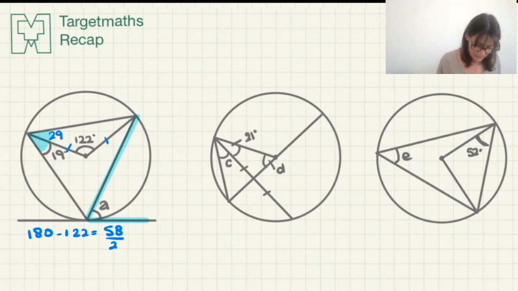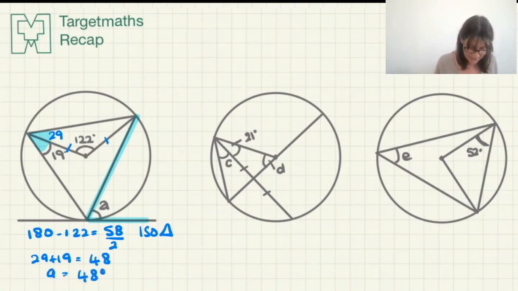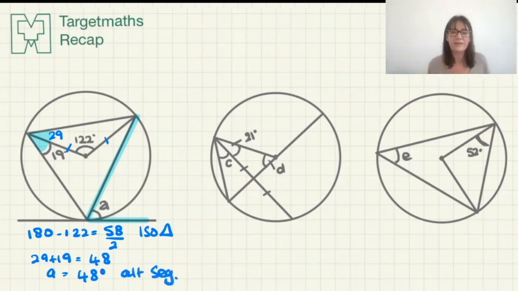What did I use to do that? I used isosceles triangle. Write your reasons as you go, okay? Then I am going to do 29 plus 19, which equals 48. So A is equal to 48 degrees using the alternate segment theorem.